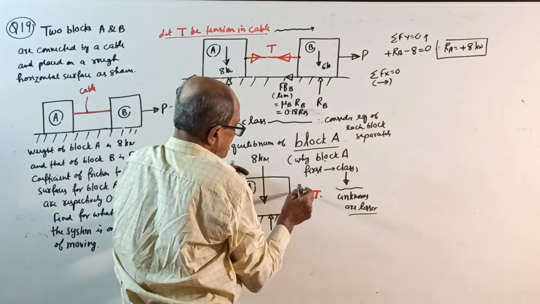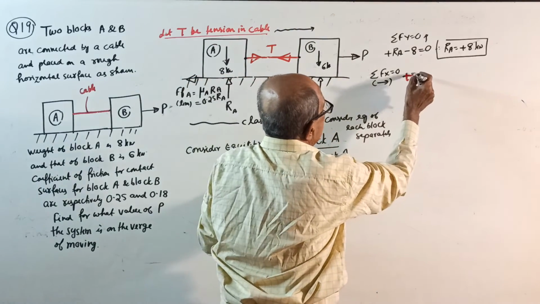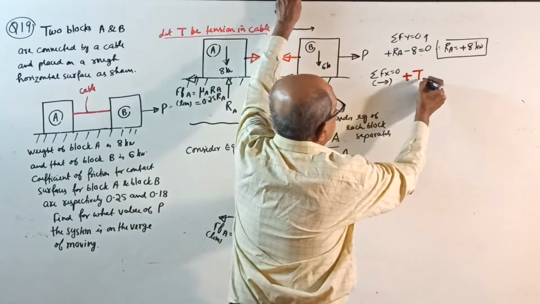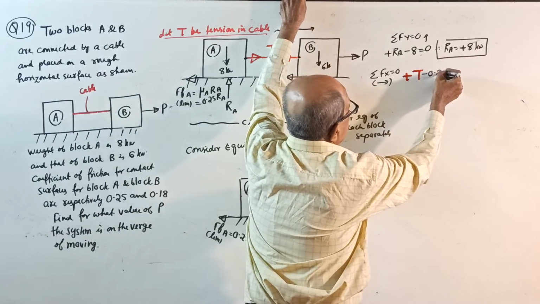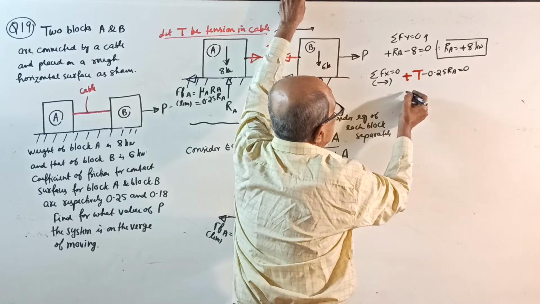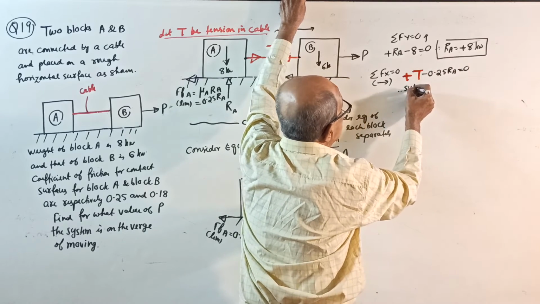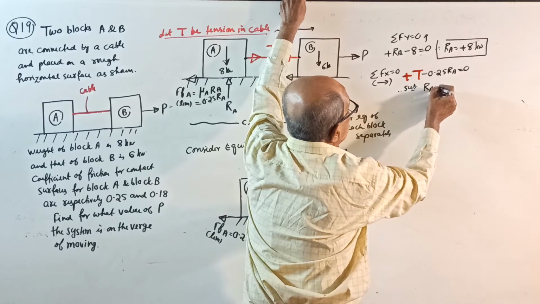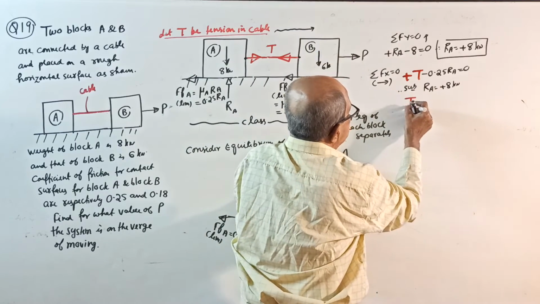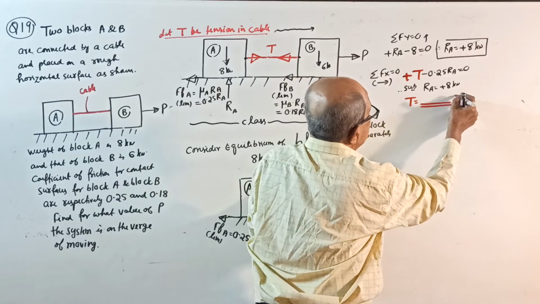What you get? Plus T minus 0.25 RA equal to 0. Therefore, substitute RA equal to plus 8 kilonewton, and get the value of T in kilonewton.